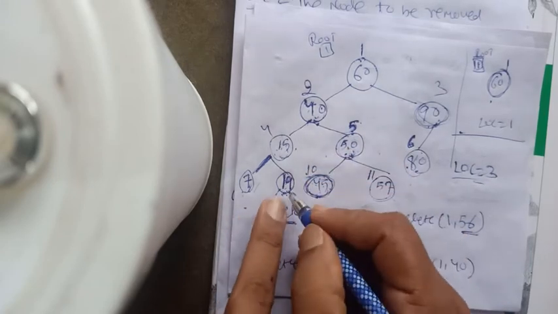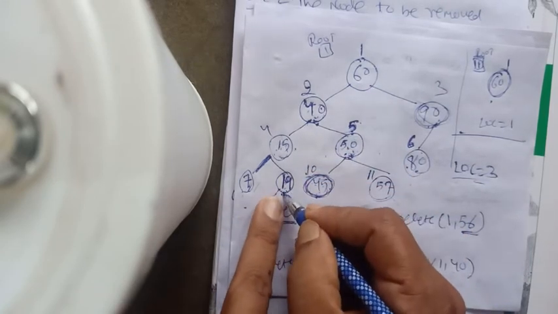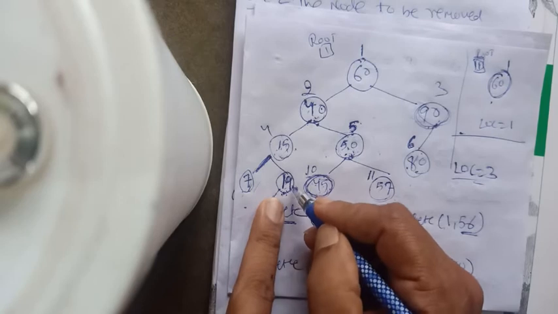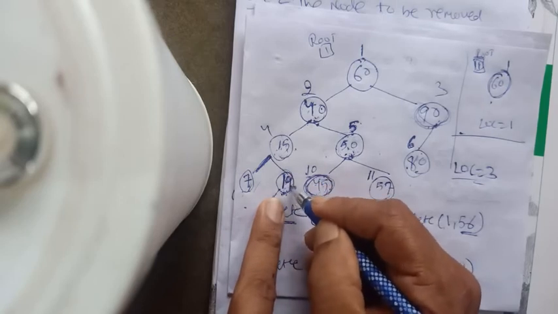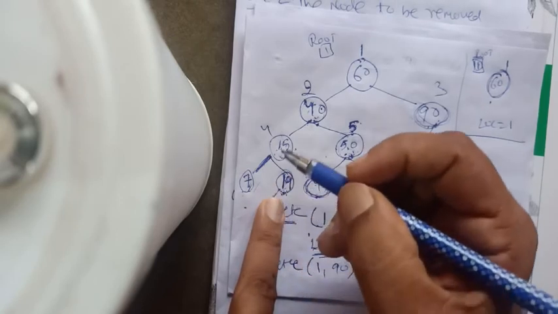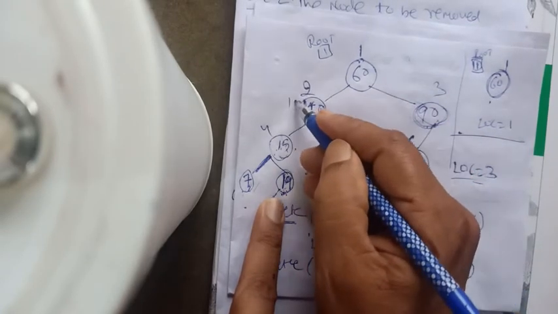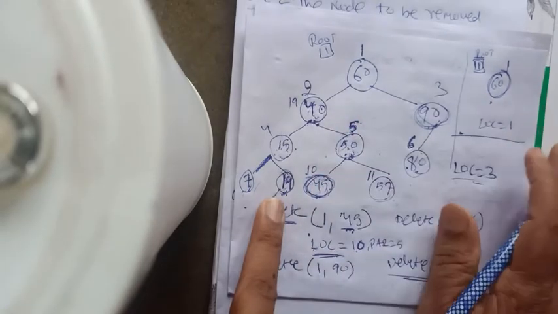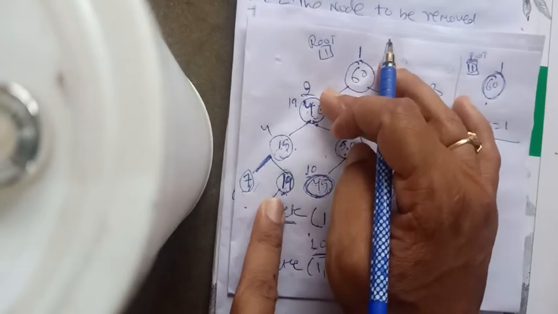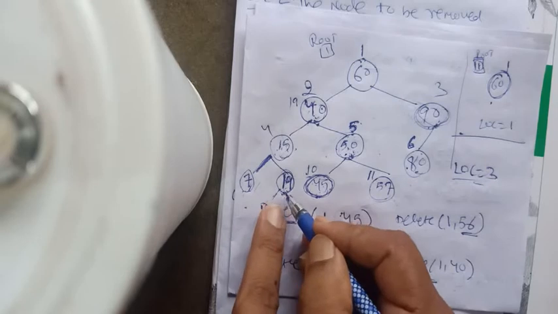After picking this node, what you should do is simply copy this value in LOC. So now LOC will contain 19 instead of 40. So this value is copied. Now it is a leaf node or it has a single child.